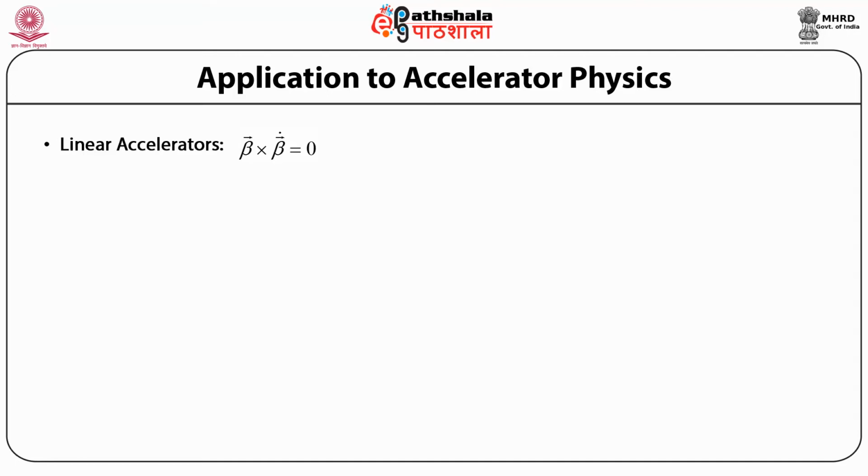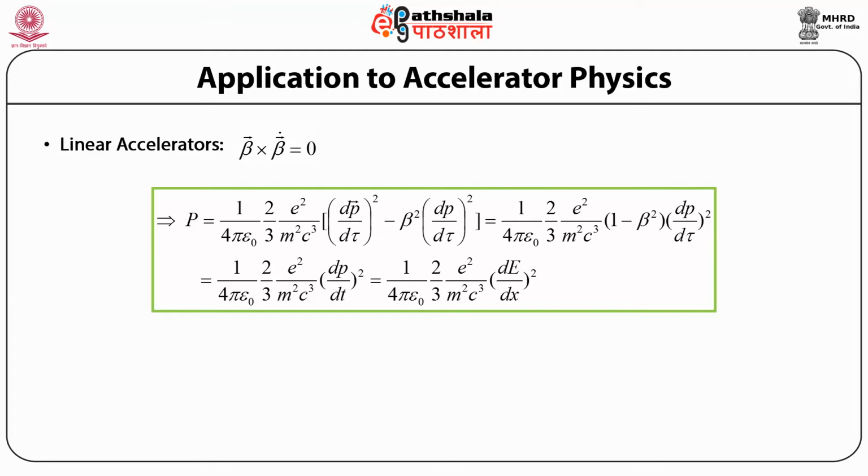So, this implies that P equals 1 divided by 4 pi epsilon naught into 2 by 3 e square by m square c cube [(dp by d tau)^2 minus beta square into (dp by d tau)^2], and this is further equals to 2 by 3 e square by m square c cube (1 minus beta square) into (dp by d tau)^2, which is further equals to 1 divided by 4 pi epsilon naught 2 by 3 e square by m square c cube (dp by dt)^2, and it is again equals to 1 divided by 4 pi epsilon naught 2 by 3 e square by m square c cube (dE by dx)^2.